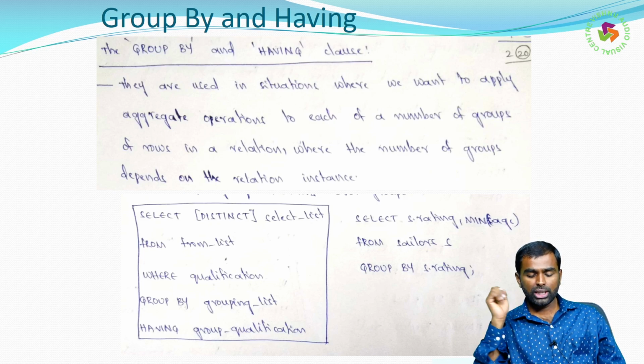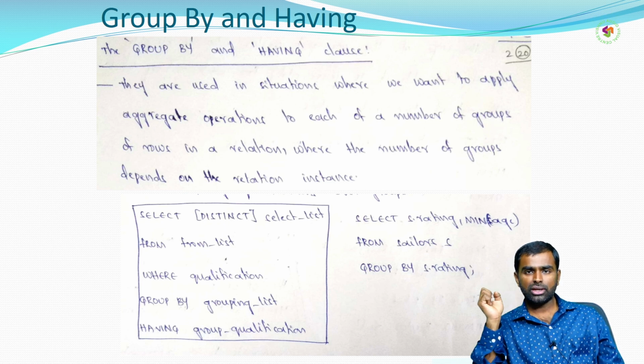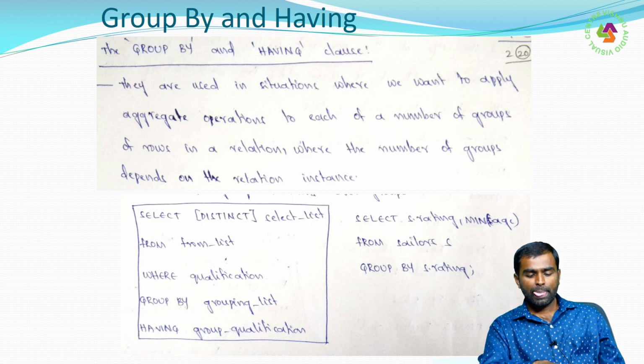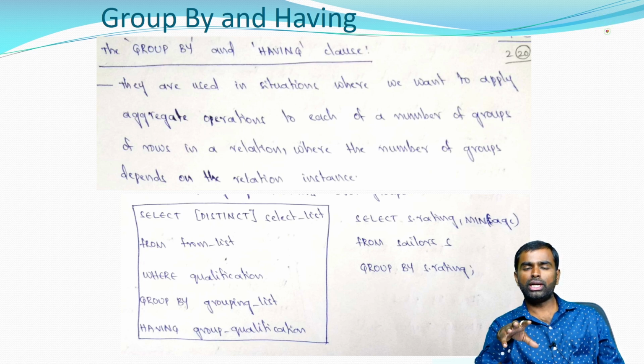Here you can see the syntax: select list. If you want a distinct, unique list, not repeated values, then you have to give distinct. From list is nothing but the table names. From however many tables you want to retrieve the data, you have to specify those tables.